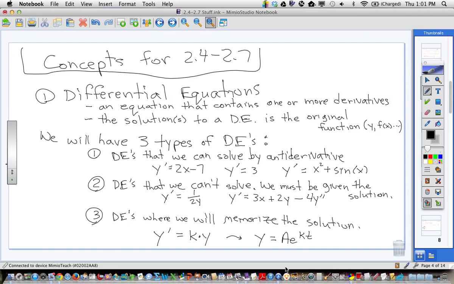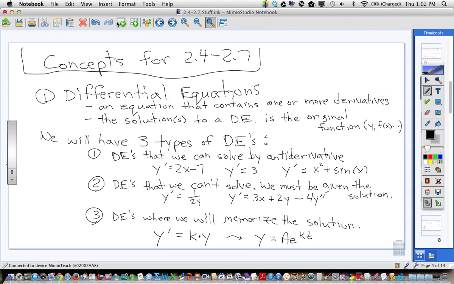T is our input there, not x. So instead of x, we're using t as our input. A lot of differential equations are used for rates, since y primes are rates. And so t is a lot of times the input instead of x, t for time. So if we see a differential equation that looks like y prime equals k times y, then we just do that right there.